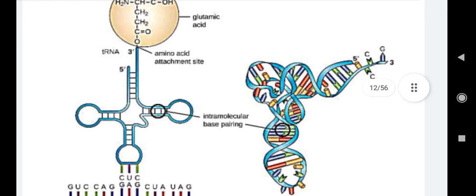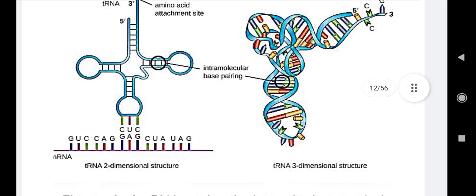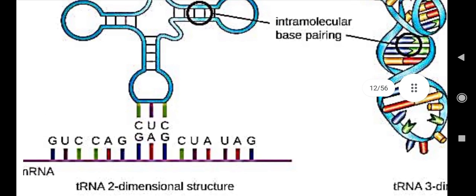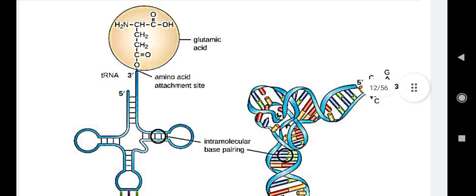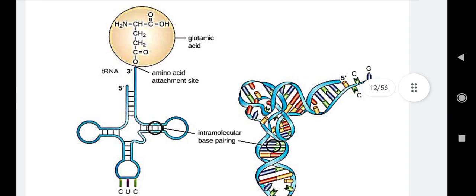It is binding to the extremity of the tRNA, that is at the 3' end. Normally it can carry any amino acid depending on what type of anticodon sequence is found within the tRNA. We can see here CUC, the anticodon sequence for the tRNA which is carrying glutamic acid.